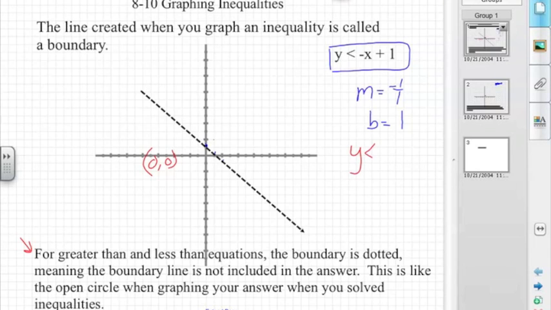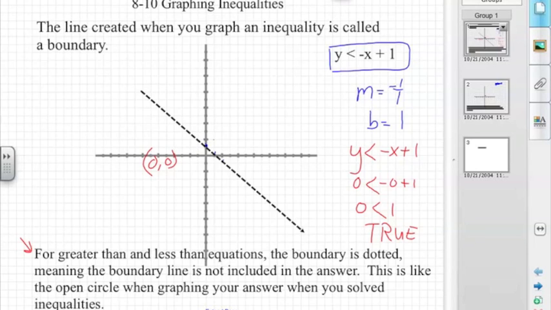So y is less than negative x plus 1. We're going to substitute in 0 for y and 0 for x. So we have 0 less than negative 0, which is just 0, plus 1 is 1. Is 0 less than 1? That is true.